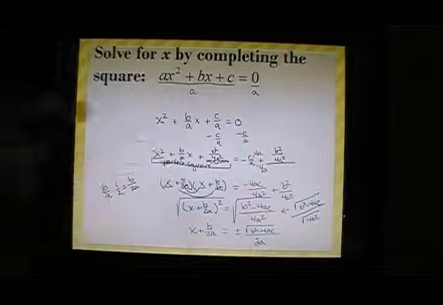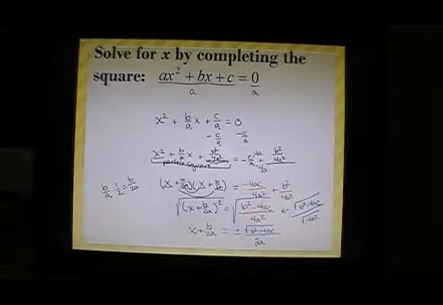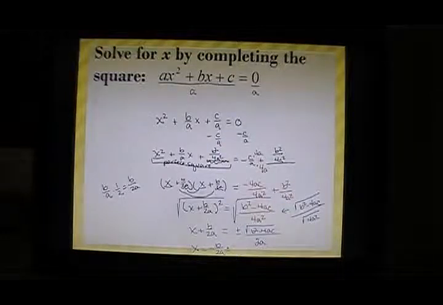So I just have to subtract my b over 2a from both sides, and I will have x equals negative b over 2a plus or minus, that's still on your screen, okay, the square root of b squared minus 4ac all over 2a.